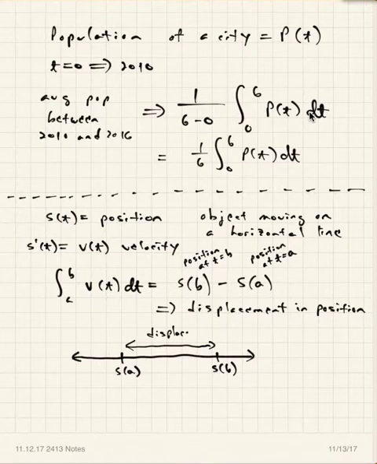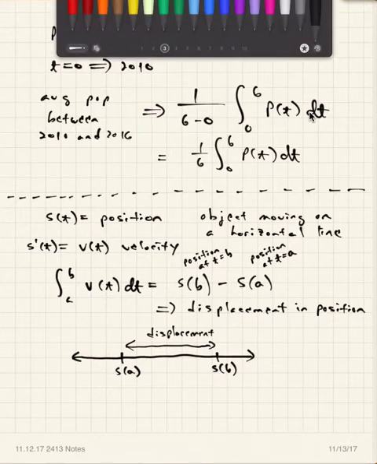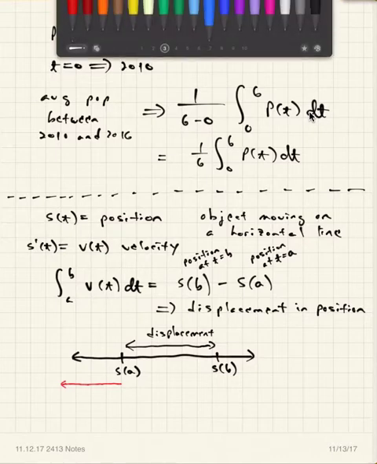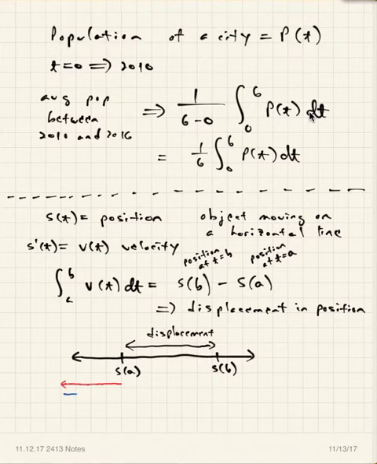That's displacement right there. But what if the object did this? What if it moved to the left like this initially, and then it turned around at some time between A and B, and then came around this way and moved to the right?